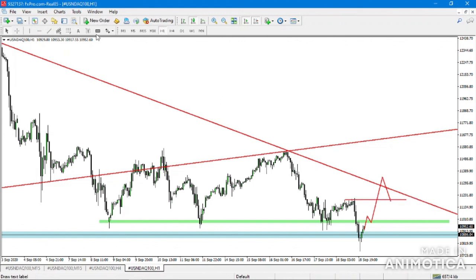Then obviously this right here would be my entry to then head long. That's only if she breaks this high, but as for now I'll be looking at what happens with price on the structure right here, and see how we open and where we might be heading to.